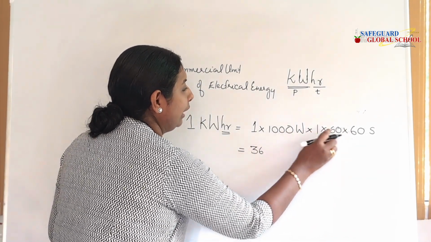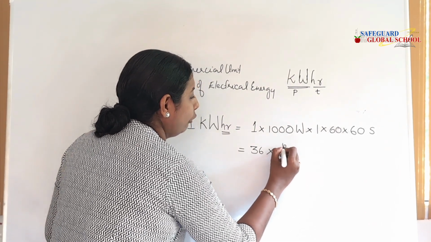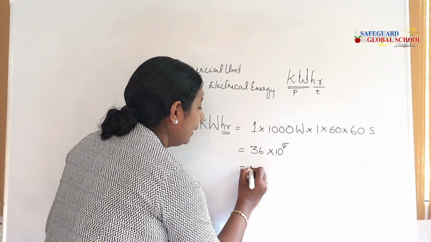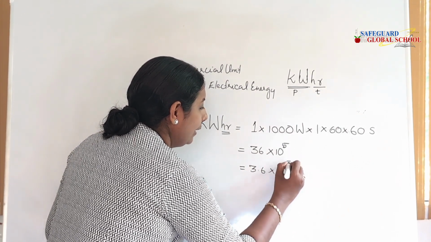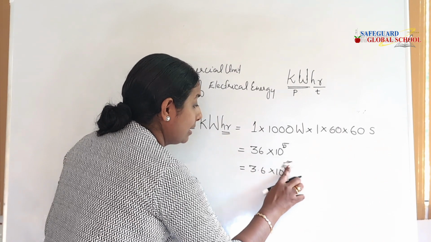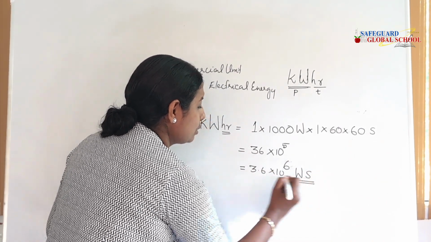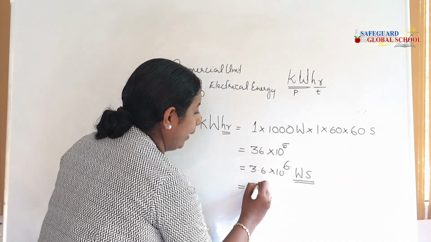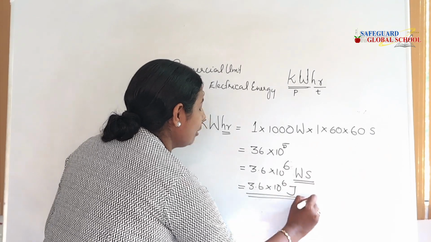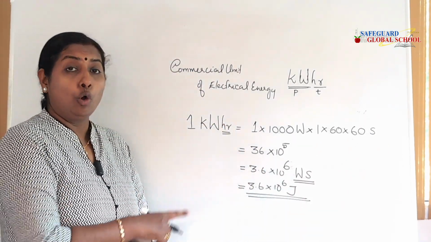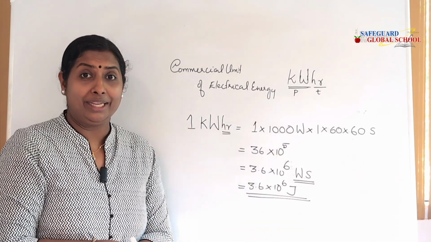So that is 36 into 10 raised to 5, or 3.6 into 10 raised to 6 watt second. And you know what is watt second? It is 3.6 into 10 raised to 6 joule. This is the way of converting the commercial unit of electrical energy to its SI unit.